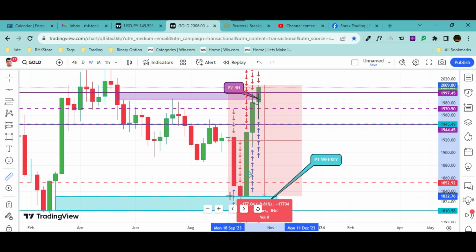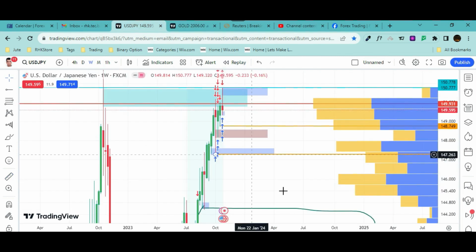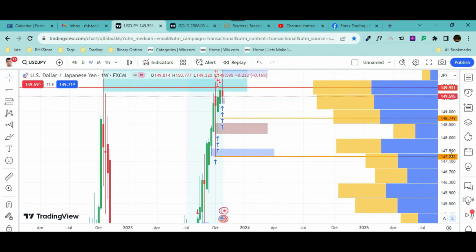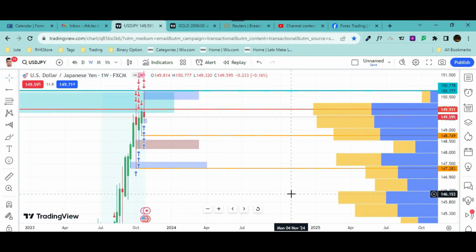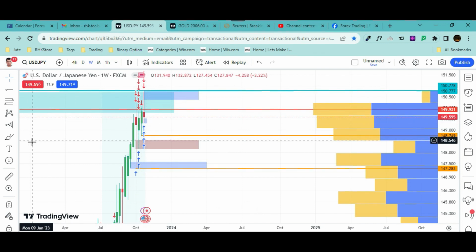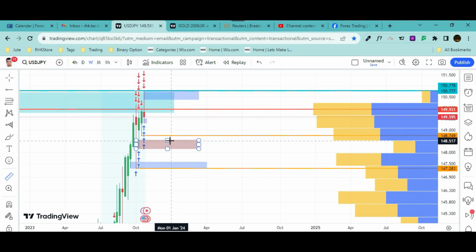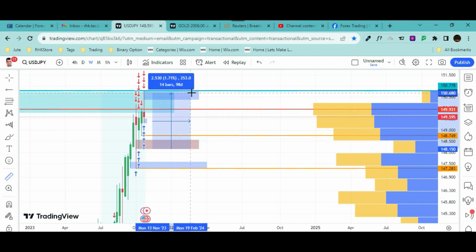1770 pips. It is here. But considering the 3 weeks time frame, there is no such significant movement in US dollar and Japanese yen. If we consider these 3 weeks, 1, 2, 3 weeks, from here to here, the jump is only 300 pips.